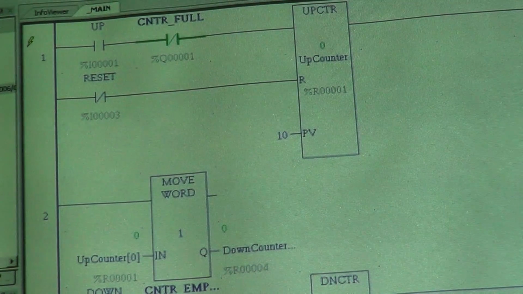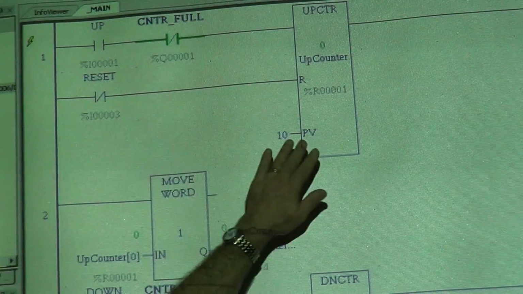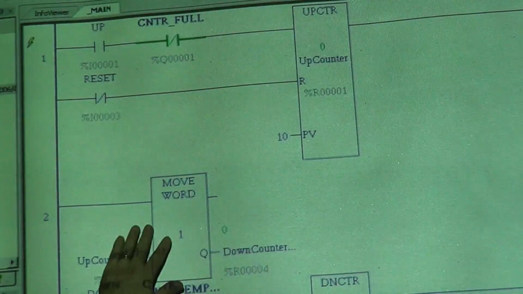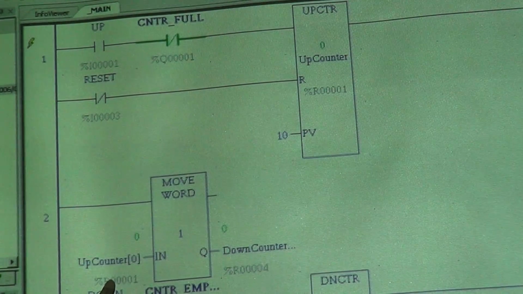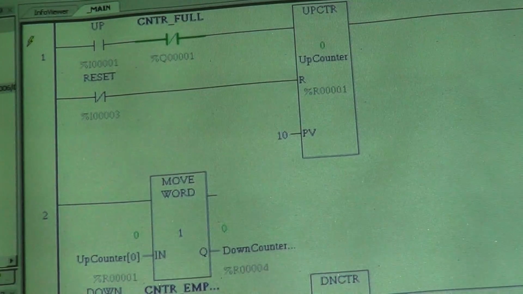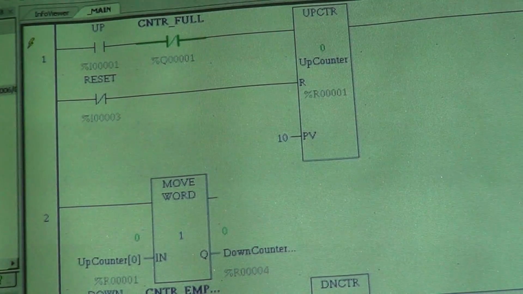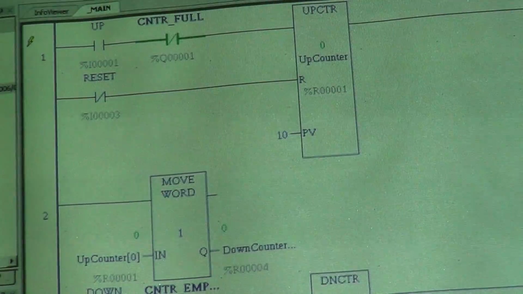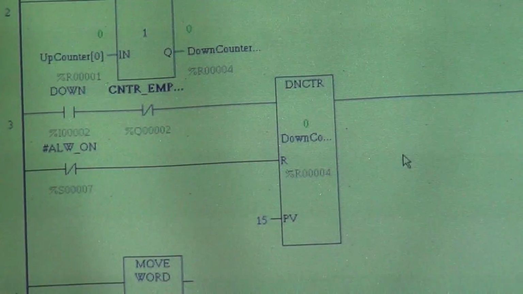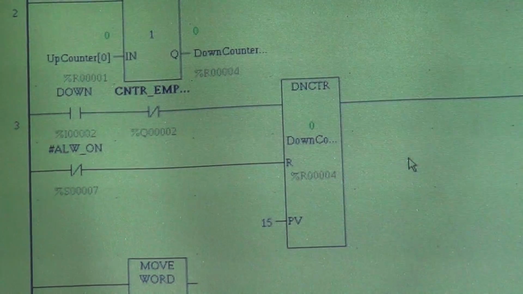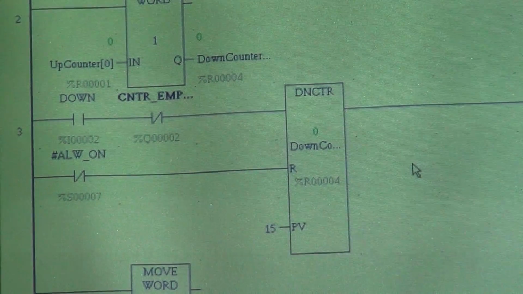Okay? So we will do or not do our up counter. Then this next function says take the CV from the up counter and put it into the CV of our down counter. Okay? And then the next part, we come down there, we do our down counter, right?